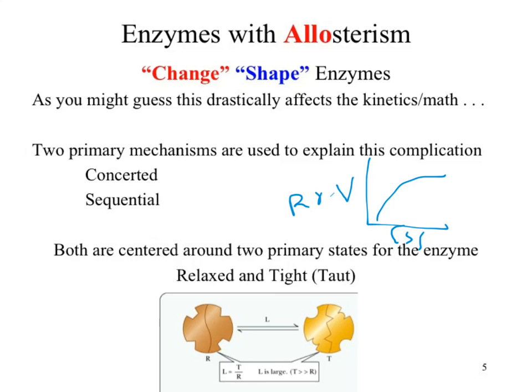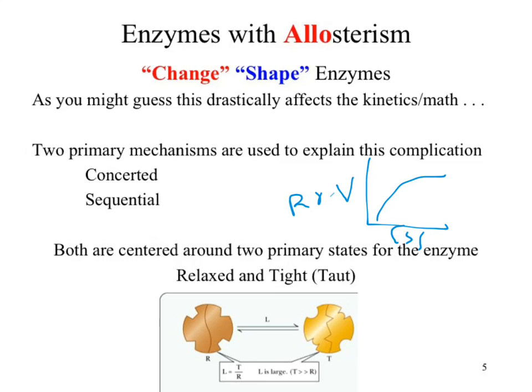We have the active form of the enzyme, and we have the inactive form of the enzyme. The active form is referred to as the relaxed form and given the acronym R. The inactive form is referred to as tight or taut and is given the term T.